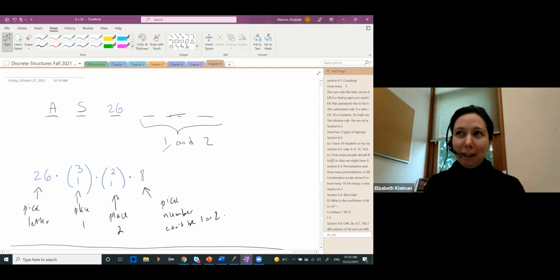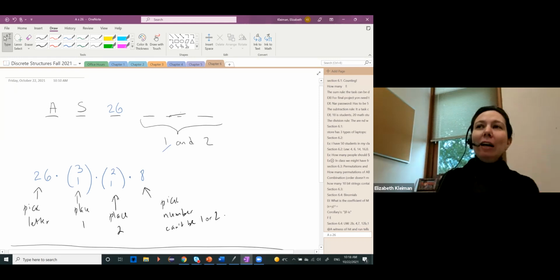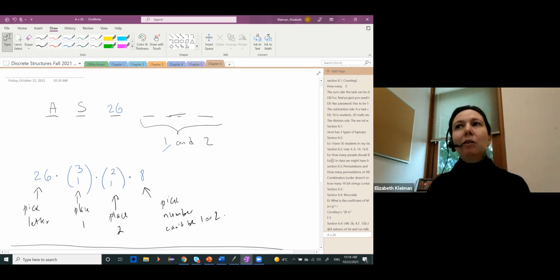It's always a positive number. In chapter 7, we are going to be talking about probability, okay? And probability is going to be different. Probability has a property that it always must be between 0 and 1. On the test next Monday, you're going to have both combinatorics and probability. I want you to remember that you'll need to read the question really carefully and understand which one you need.